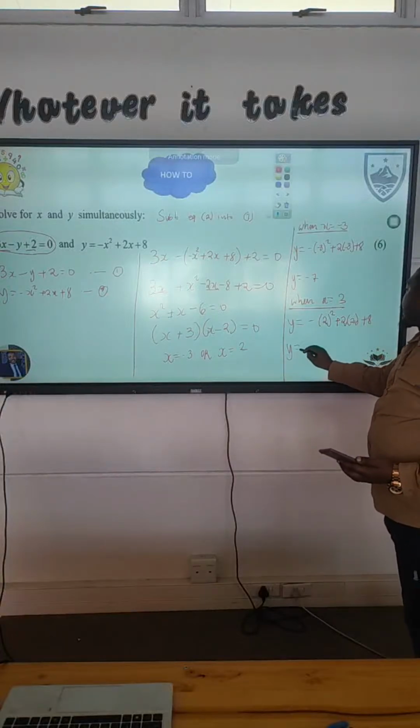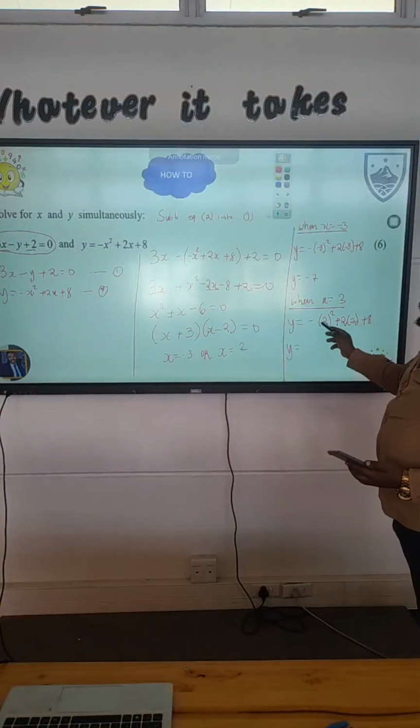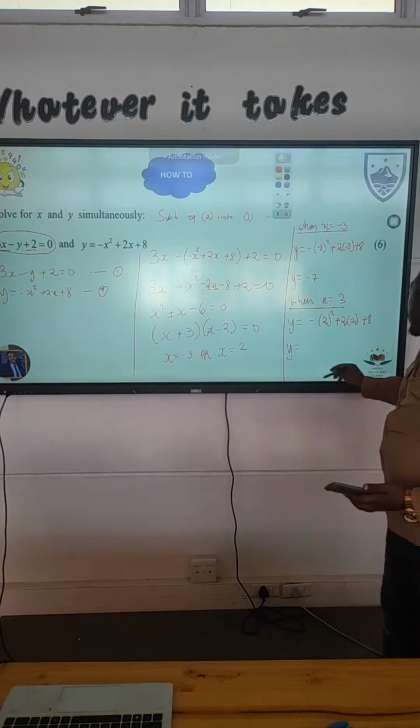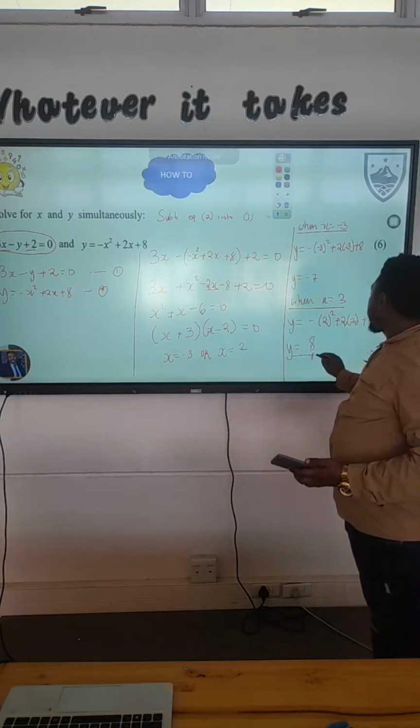So my answer this time, you can put this in the calculator, this will be negative 4 plus 4, so my answer will just be 8. Let us verify. So our answer will just be 8.